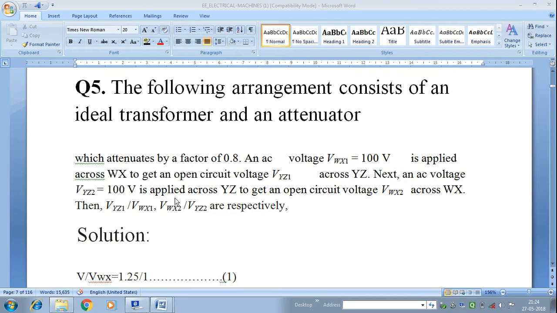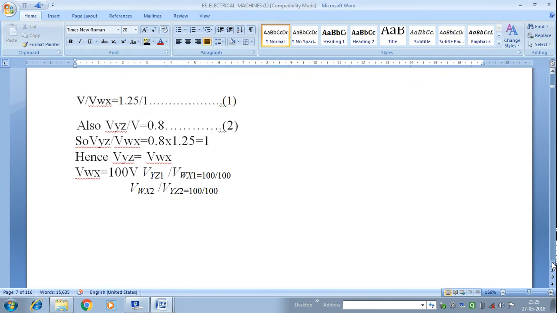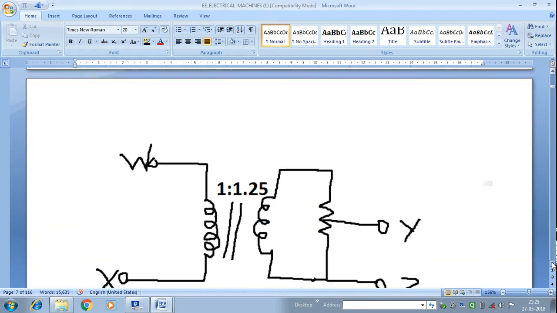Next, an AC voltage VYZ2 of 100 volt is applied across YZ to get an open circuit voltage VWX2 across WX. Then VYZ1 by VWX1, VWX2 by VYZ2 are respectively what? So you can see the answer here.